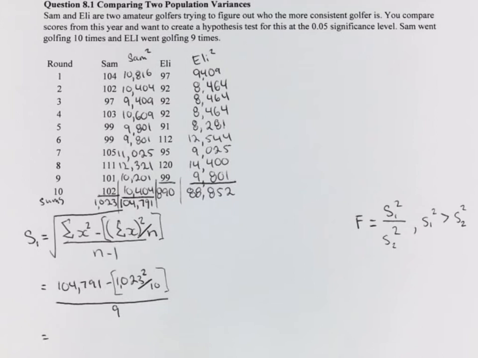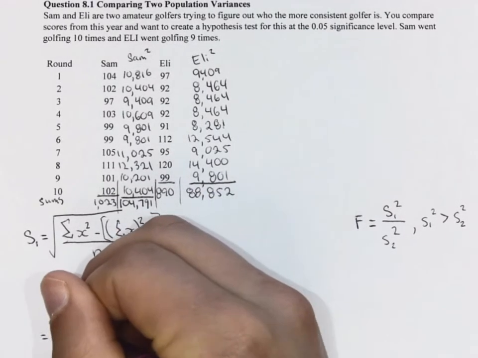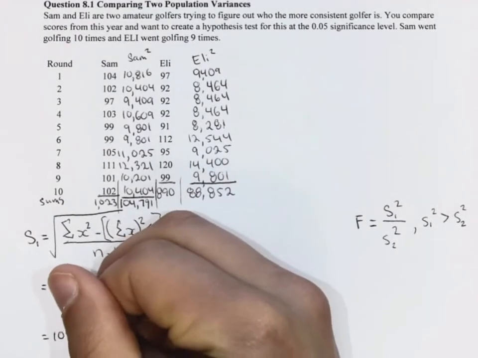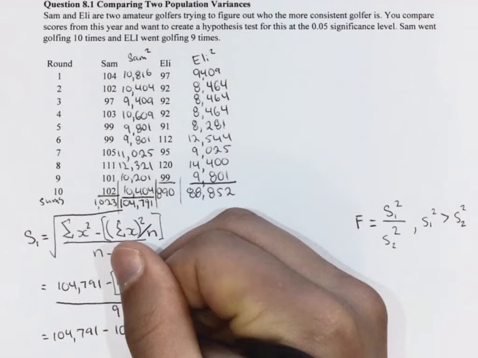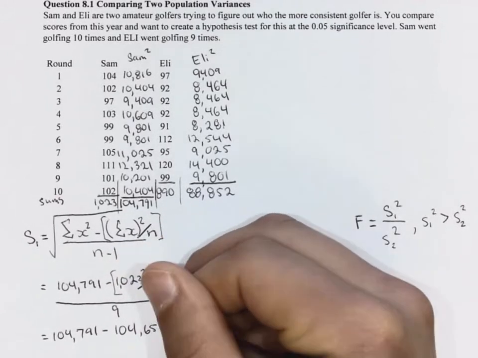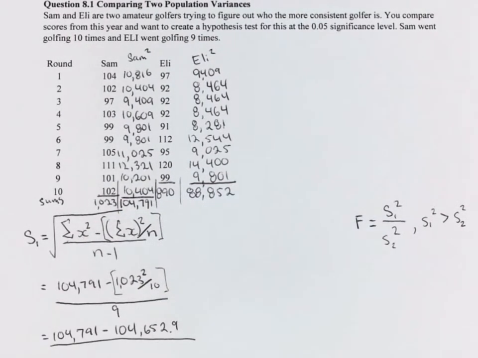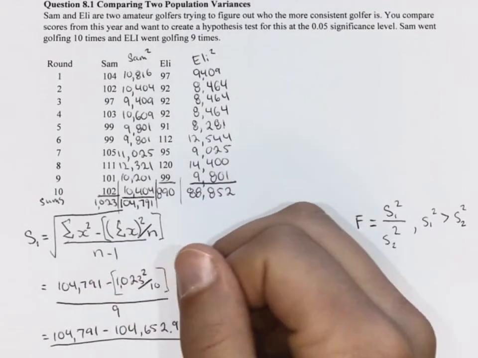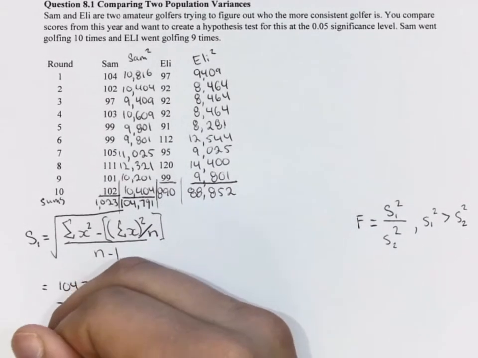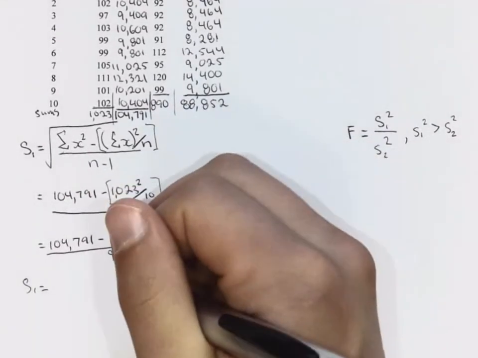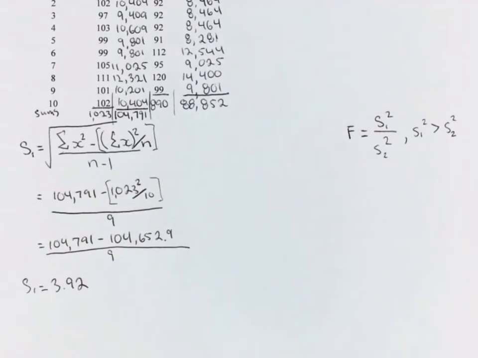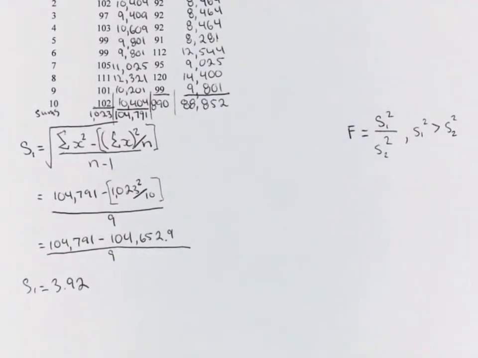So (1,023) squared divided by 10. So our standard deviation for Sam, based on his scores, is 3.92.